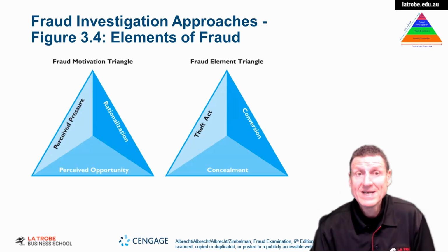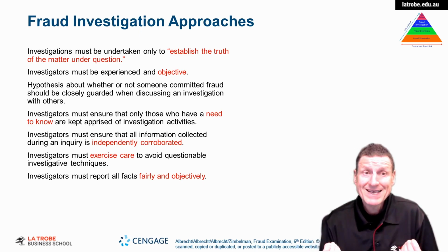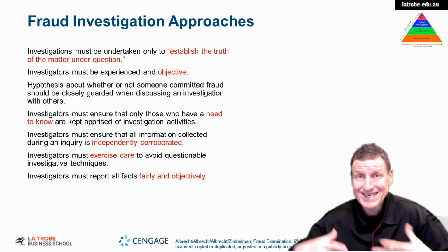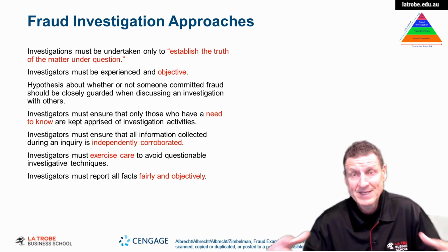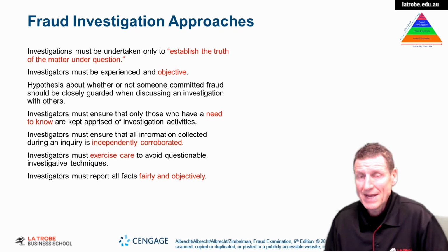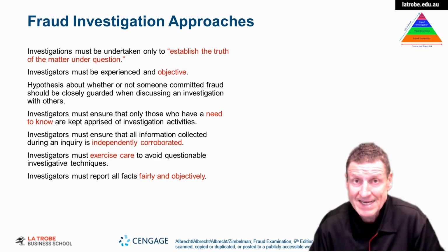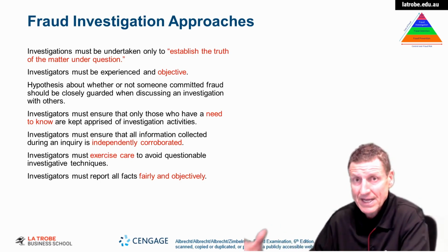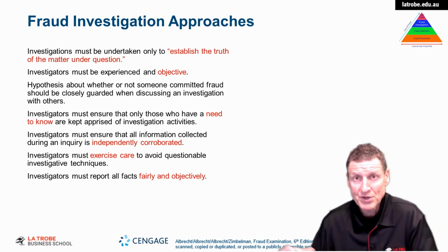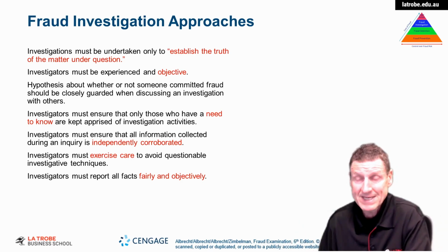Wow. So we want to finish up on fraud investigation approaches, and that is they must be undertaken to establish the truth. And investigators must be experienced and objective. Part of the outcome of this course is that you have the basic knowledge to begin an investigation. And of course, it takes years of experience before you can become a fully competent fraud investigator.